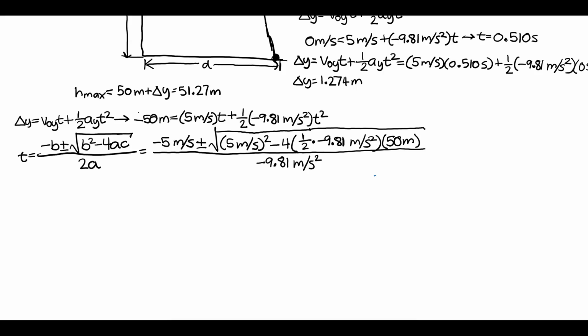Because if you look at the square root, well, the square root of 5 squared is 5 itself, but then you're adding something else to it. So the quantity under the radical is a lot bigger than 5. So if you add it, then you get a positive over a negative. So it's negative, and the negative time doesn't exist. So if you have minus, then the negatives cancel. So I'm just going to compute the minus value because now I know that it's correct.